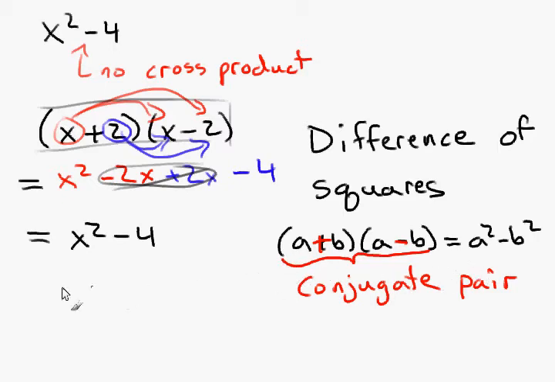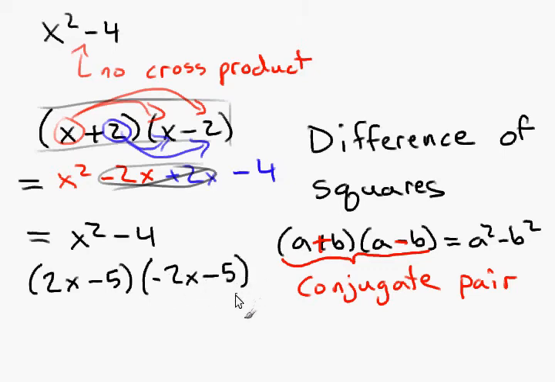Here's another example of difference of squares. We'll take 2x, we'll subtract 5, and then we'll take negative 2x and subtract 5. Aha. So I'm going to take 2x, distribute it.